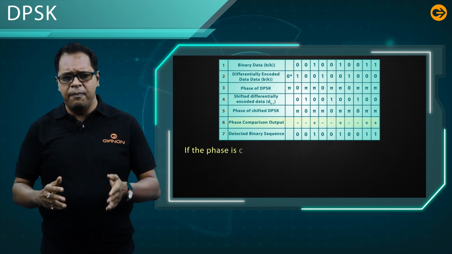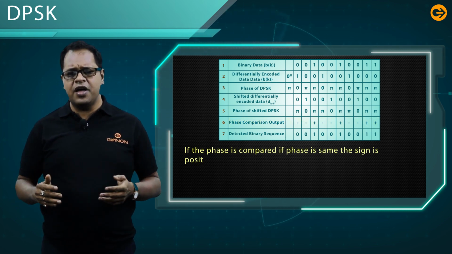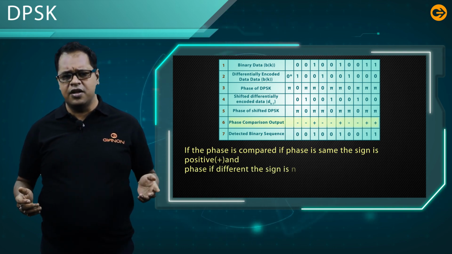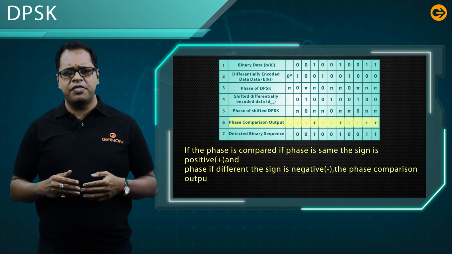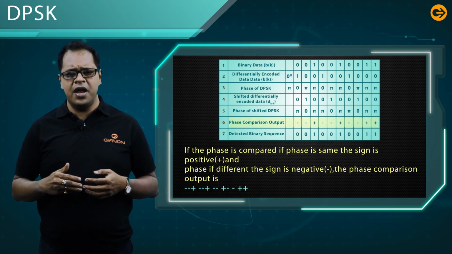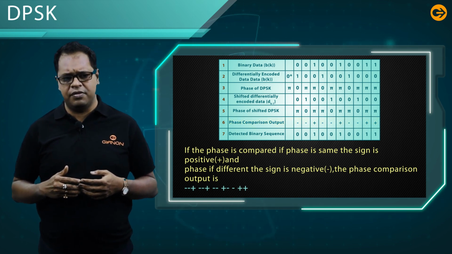Now, if the phase is compared, if the phase is the same, the sign is positive, and if the phase is different, the sign is negative. The phase comparison output is minus, minus, plus, minus, minus, plus, minus, minus, plus, minus, minus, plus, plus.